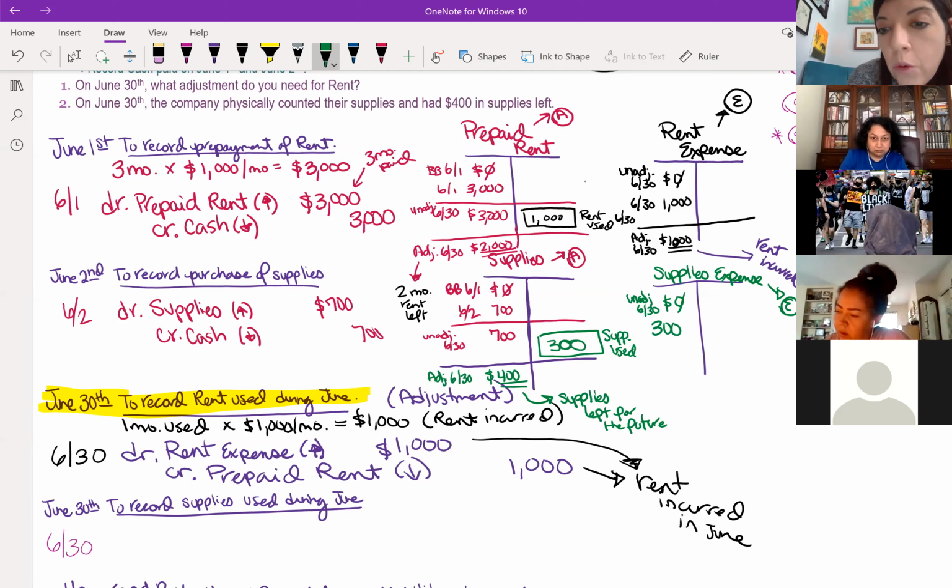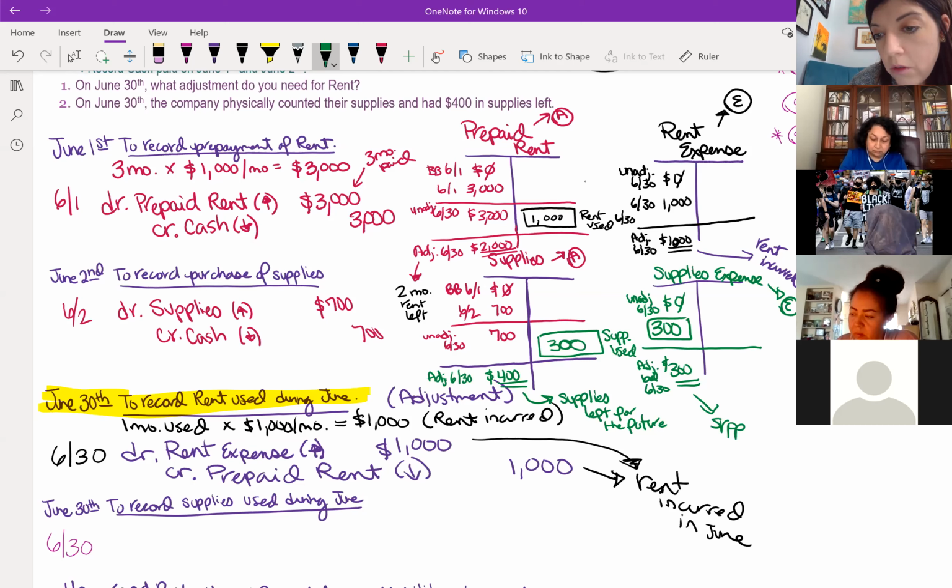So I need to record those supplies that are used in order to have an adjusted balance at 6:30 of $300. Supplies used. So in my journal entry, I can't just do the T account. It's just showing you what's going on, but I need to actually record it.